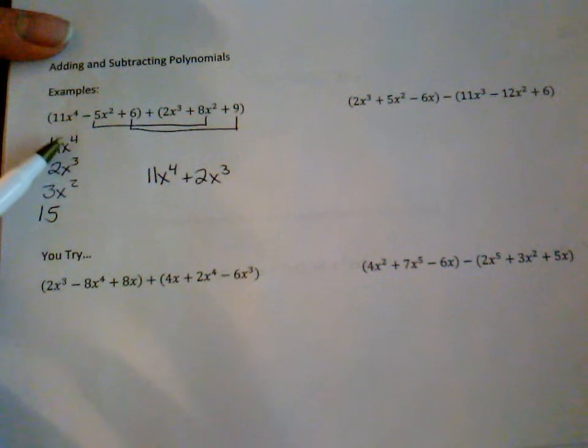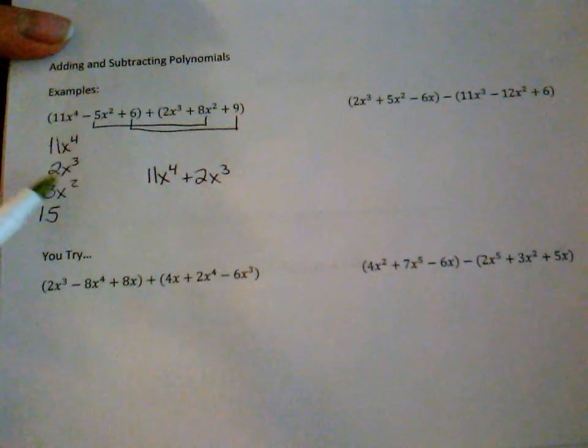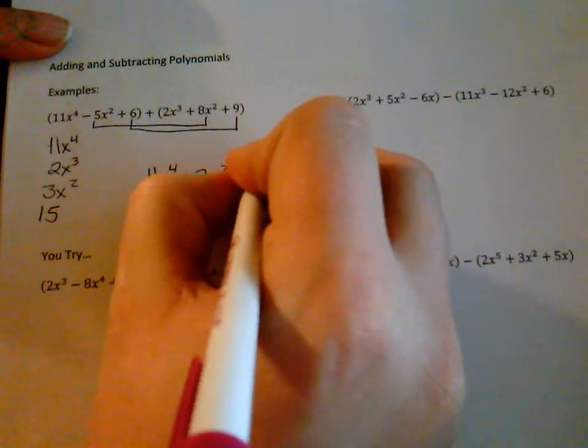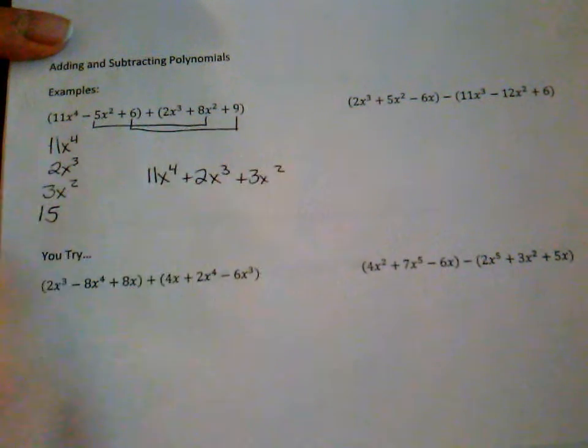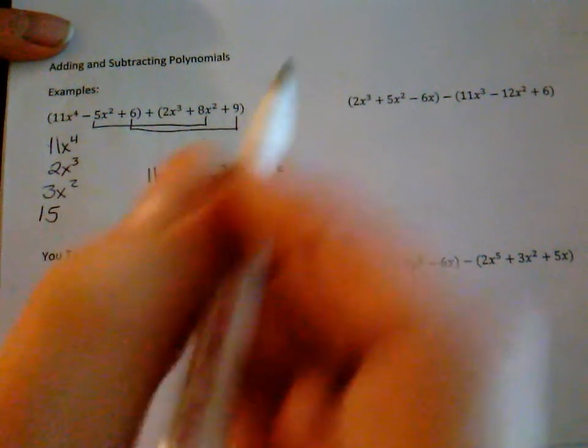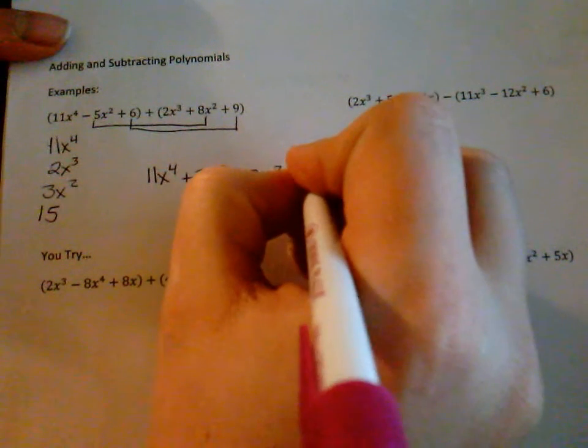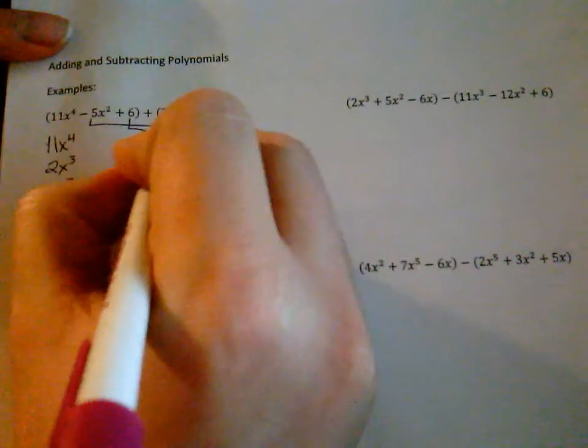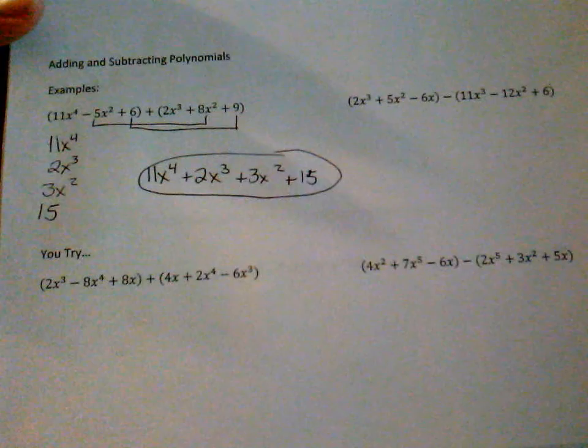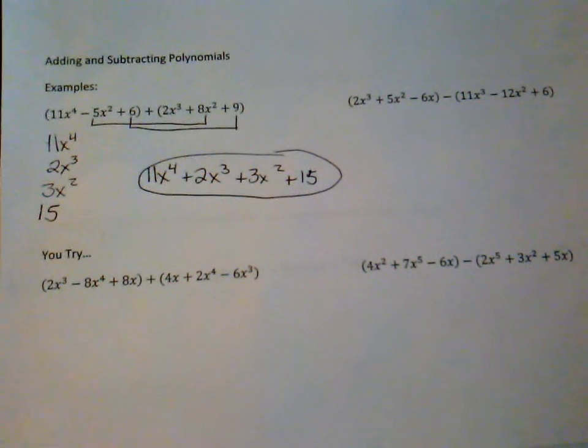Because the x^3 comes after the x^4, then it comes x^2, so plus 3x^2. And then finally this 15 at the end is going to be plus 15. Okay, that's how you do adding.